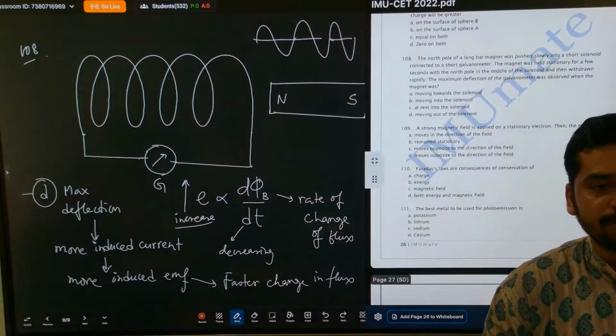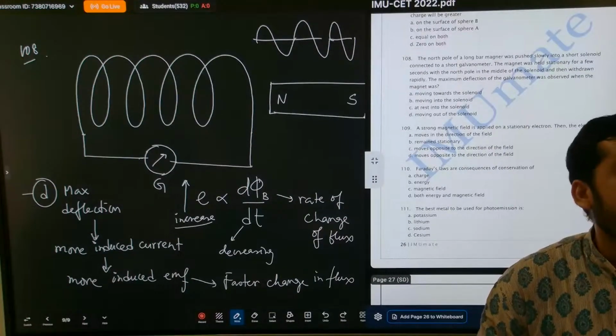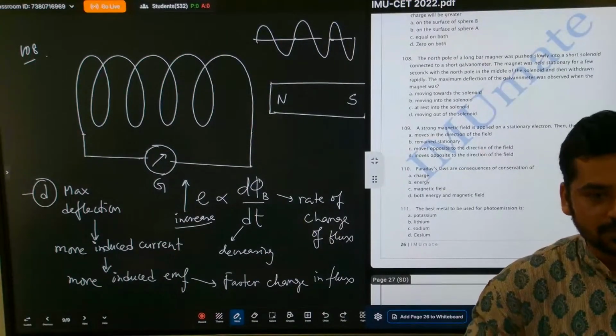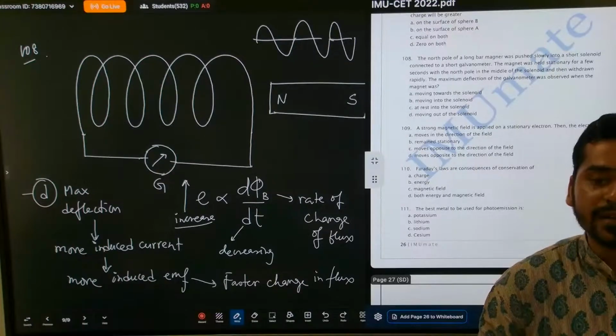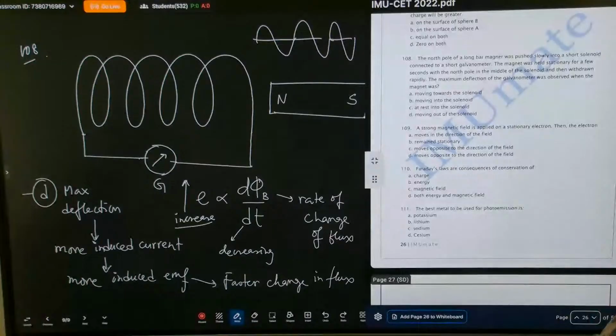What does it mean? The coil is rotating 100 times. Sorry, 50 times. Full rotation 50 times, half rotation 100 times. Half, next half. So if you make it faster, it would become 55, 60 hertz also.